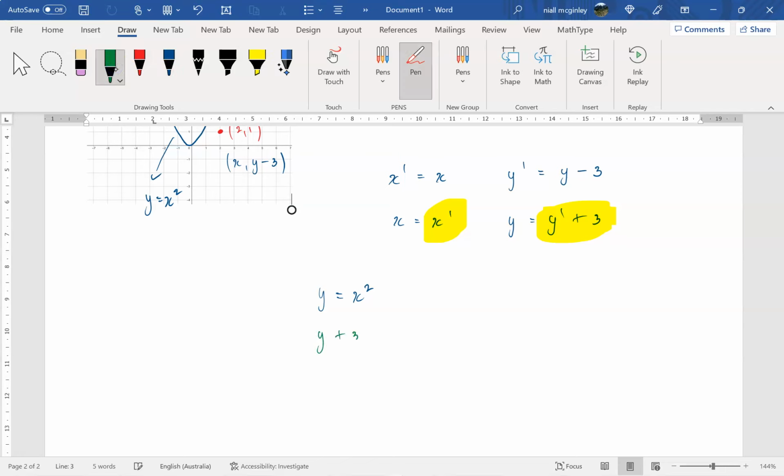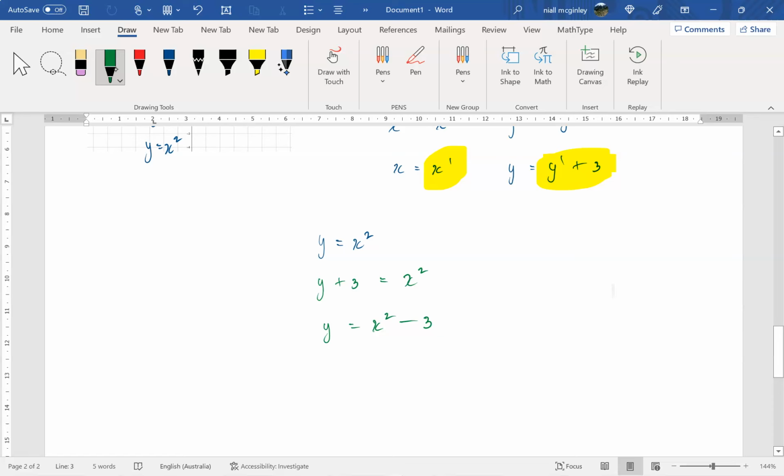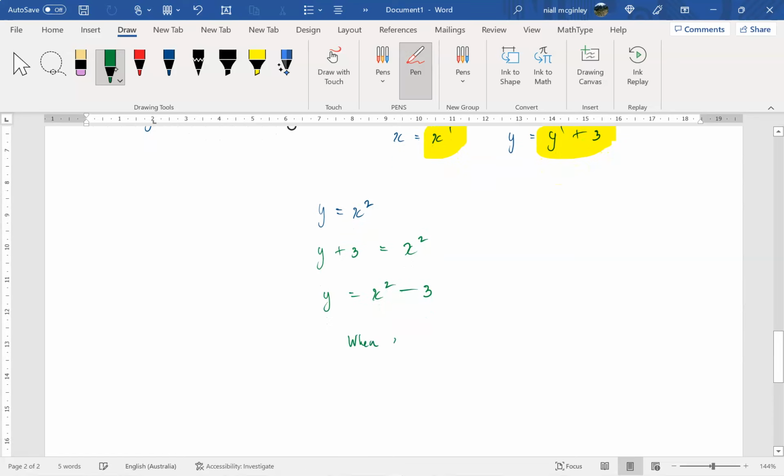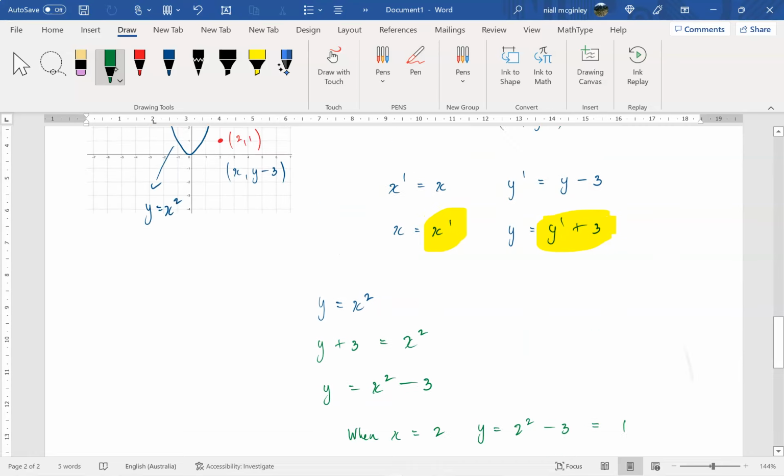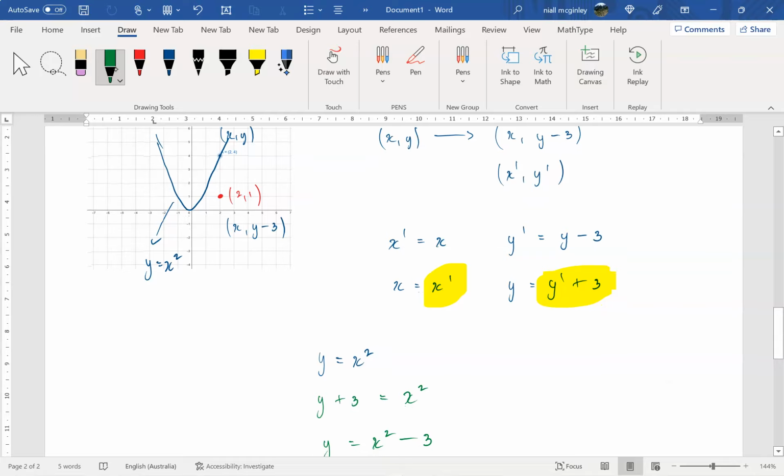So this is going to go y plus 3 equals x squared. And then when we rearrange this, you see, this is therefore going to be x squared minus 3. So that is your vertical translation, moving it down. Yeah, this is why you take away from the function. And again, if we want to check that this point is on the function, we will say when x equals 2, y is going to equal 2 squared minus 3, which is going to be 1. So therefore, you see that point will indeed lie on our transformed function.